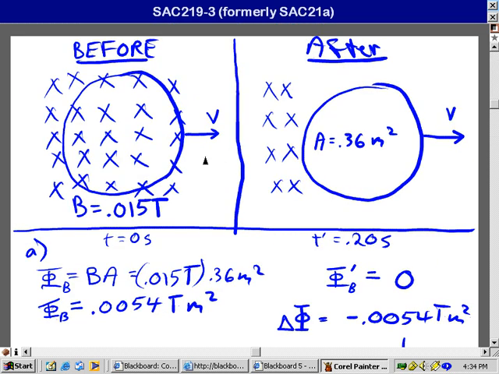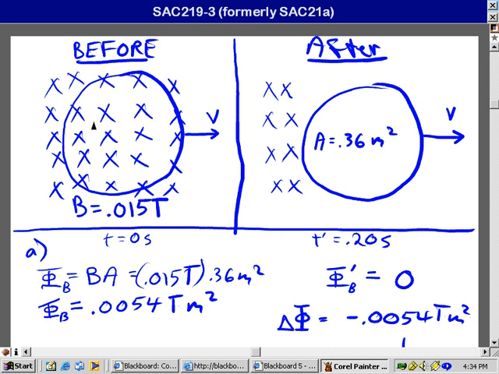Let's see. We got a changing magnetic field produces a current by Faraday's law. It induces a current in that loop. The induced current produces its own magnetic field by Ampere's law. And by Lenz's law, the new magnetic field is going to be in that direction, which tends to keep the number of magnetic field lines through the loop the same as what it was before in the same direction.